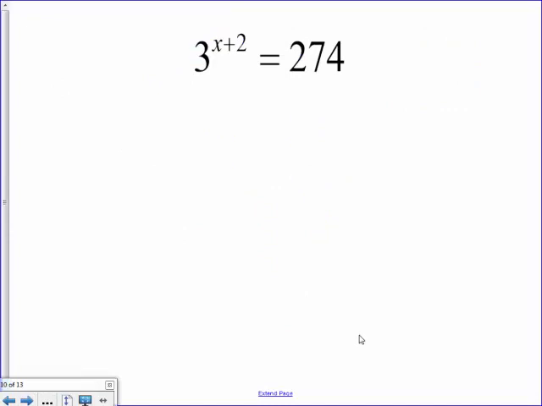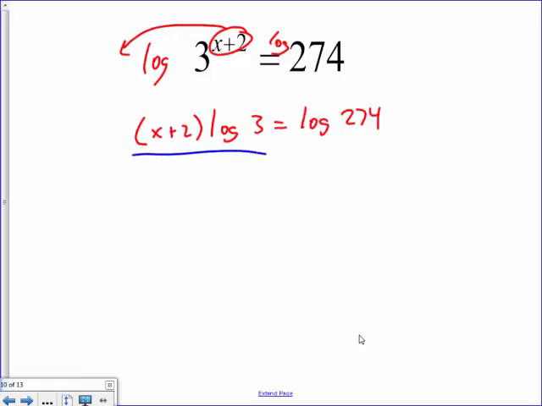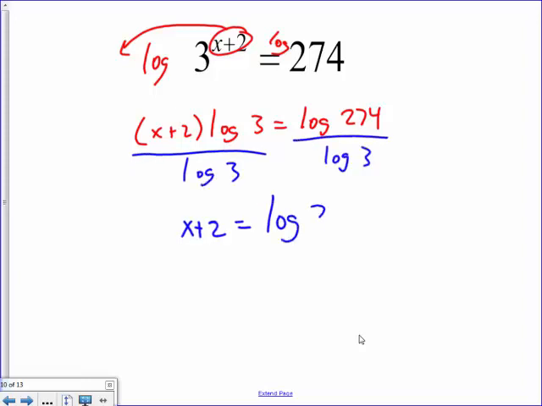So in this case, like we said, to get a variable out of the exponent, we have to log both sides. That allows me to bring it out front, so we'll fly through this here. Divide by the log of 3 on both sides. And I like to rewrite it as the log of 27 base 3. That's just my convenience.